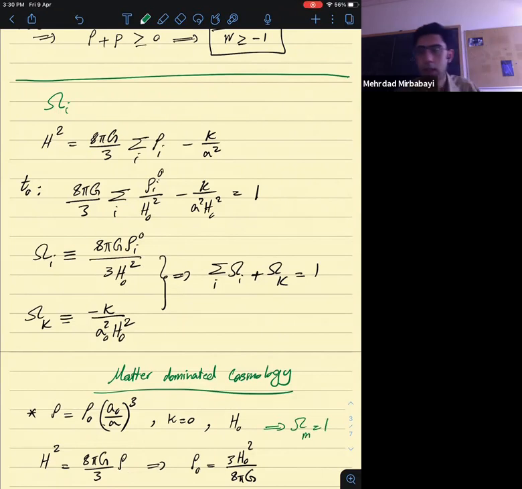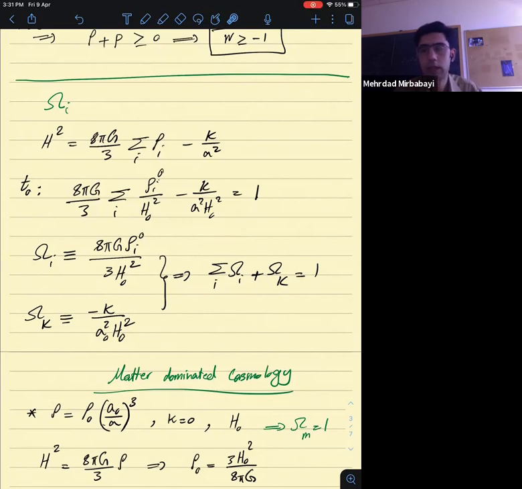So the important thing is that the sum of these omegas has to be 1. Either all of it is in these rho i components, and then the spatial curvature will be set to 0, so it will be flat. Or if this sum is not equal to 1, then there will be some spatial curvature. But in any case, the sum of all of these omegas is equal to 1.